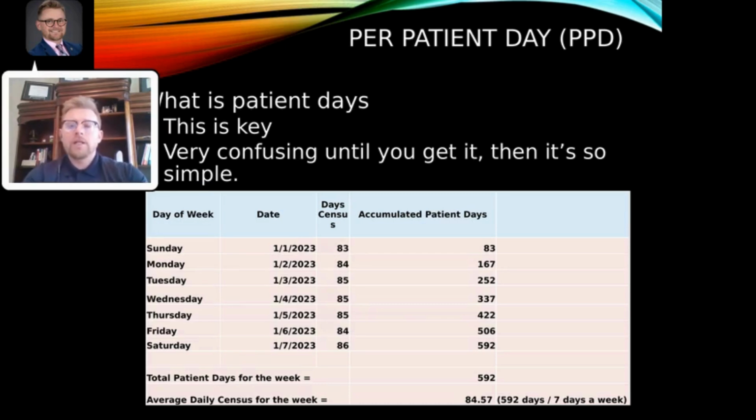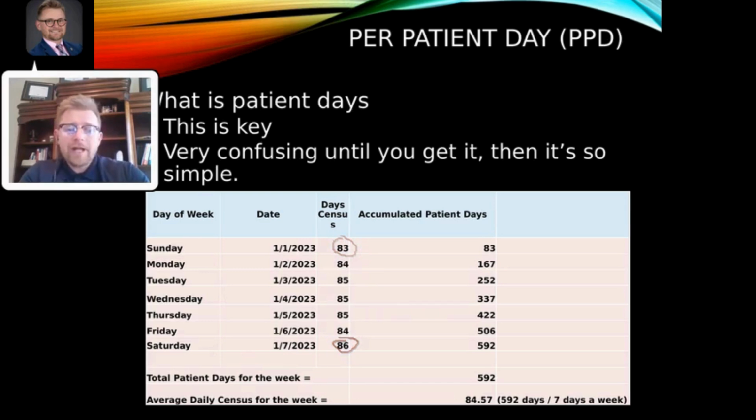So if we go to the bottom here, Sunday through Saturday, 1 week, here's the daily census, daily heads in the bed. We started out at 83, we ended at 86, a pretty small change. I mean, it could fluctuate much more than that, but to keep the math simple, we're only plus 3.